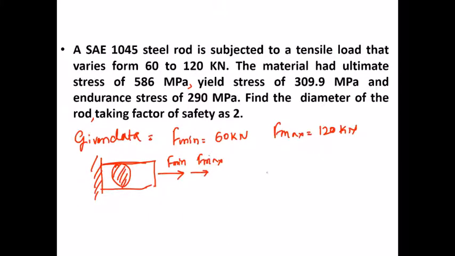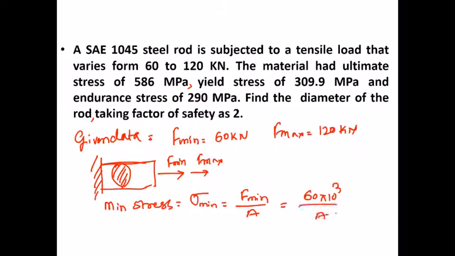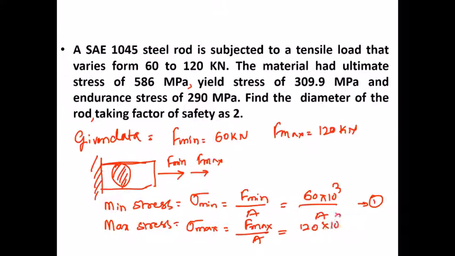First we calculate the minimum stress, sigma minimum, which is F minimum by area, so 60 into 10 to the power of 3 divided by A. Next, the maximum stress: sigma max equals F max by A, which is 120 into 10 to the power of 3 divided by A.